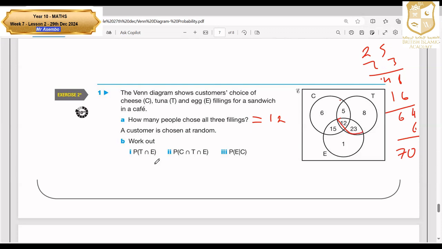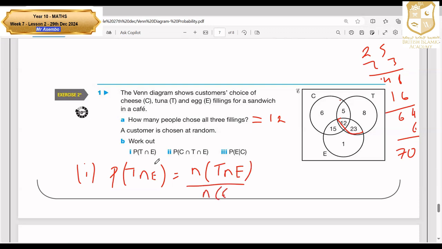So the probability of tuna intersection egg is going to be equal to, we take the cardinality of T intersection E, then we divide it with the cardinality of the universal set, the total number of customers who came that day.